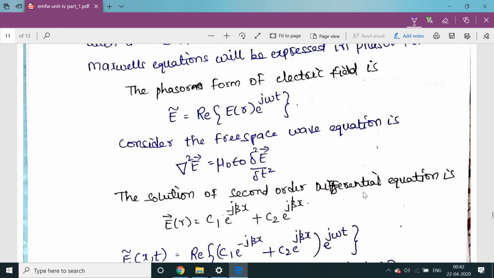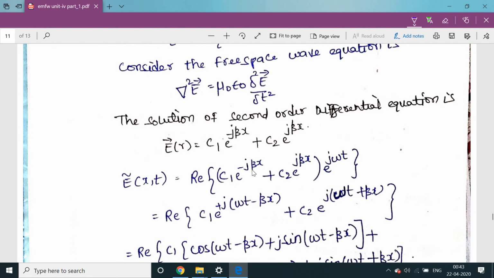For a second order differential equation, E of r is a function of x and t. So E of r is equal to C1 e power minus j beta x plus C2 e power j beta x. Since it is a function of x and t, we take the real part of C1 e power minus j beta x plus C2 e power j beta x, into e power j omega t.